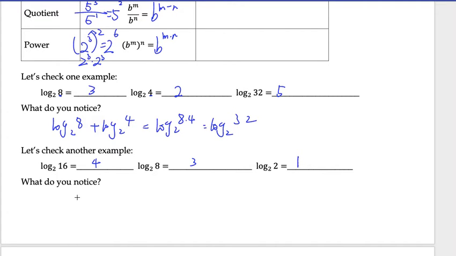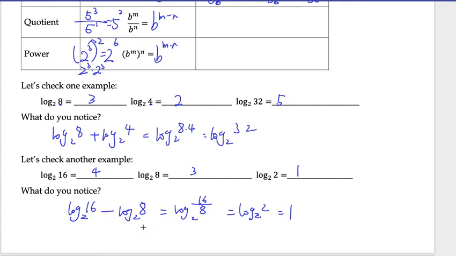So it seems that log base 2 of 16 minus log base 2 of 8, so 4 minus 3 is 1, is actually equal to, remember, we can consider 16 divided by 8, which is equal to 2, and log base 2 of 2 is 1. So if you pay close attention, when we divide powers, we can subtract the logs.